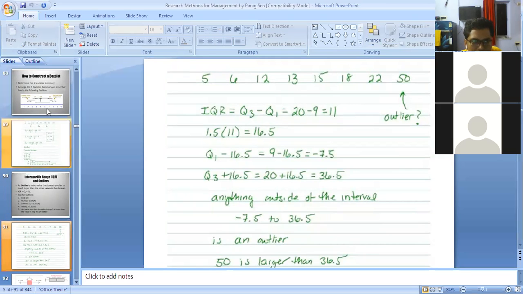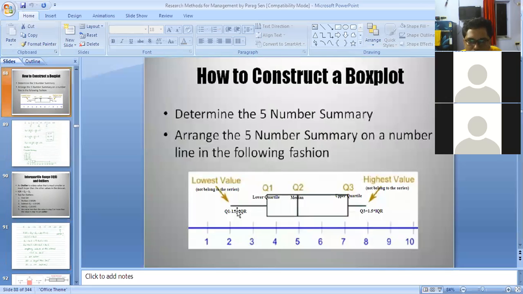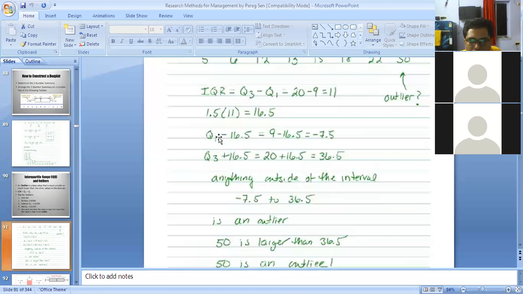Now you need to find out the value of Q1 minus 1.5 into IQR. 1.5 into IQR is equal to 16.5.